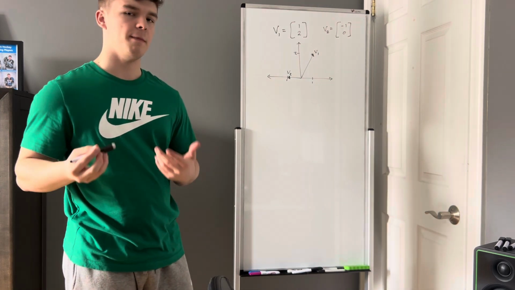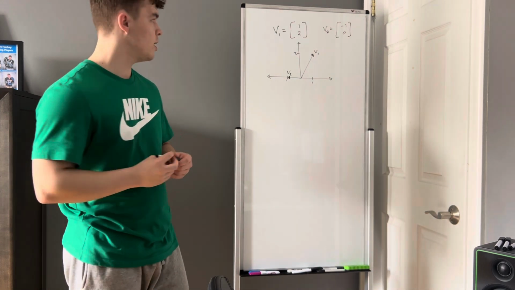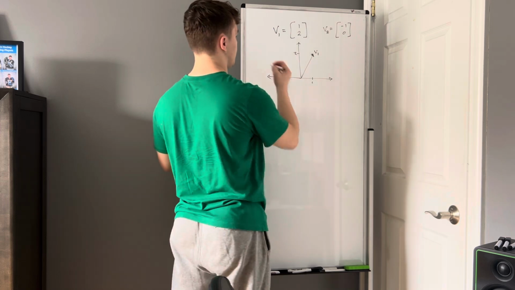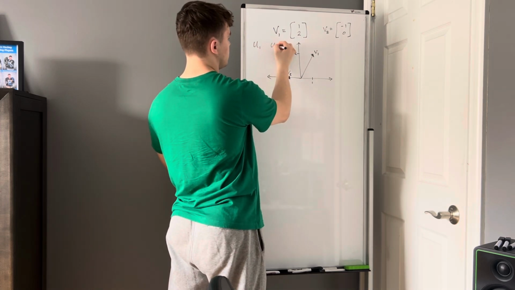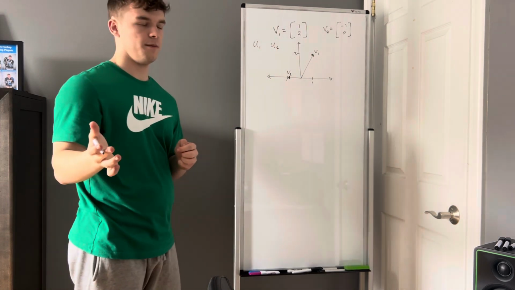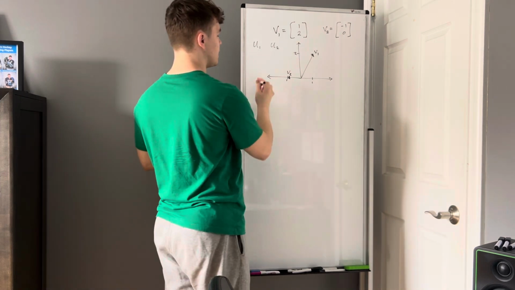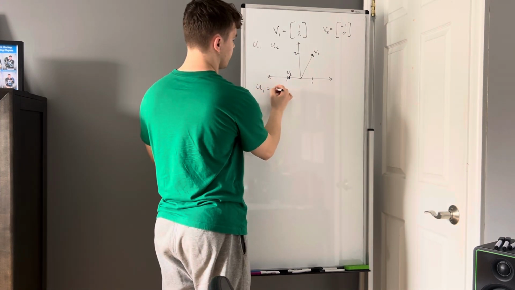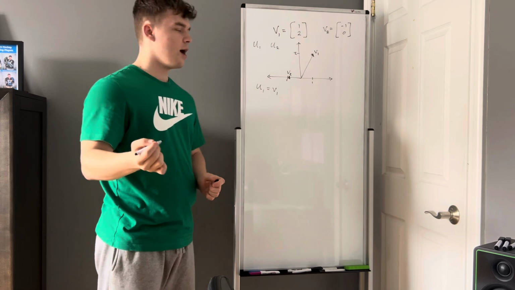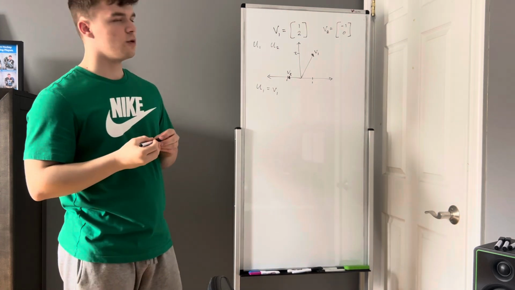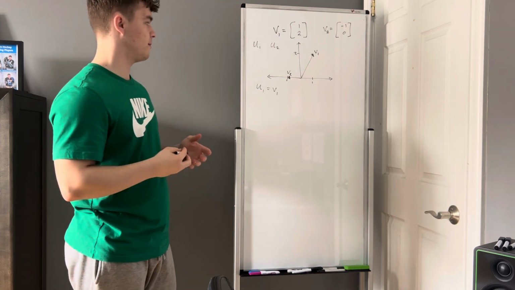Now, how can we make these vectors orthogonal? Well, let's just name the basis U1 and U2, and let's say they're orthogonal. We can let U1 equal V1. But now we need to make V2 orthogonal to V1.